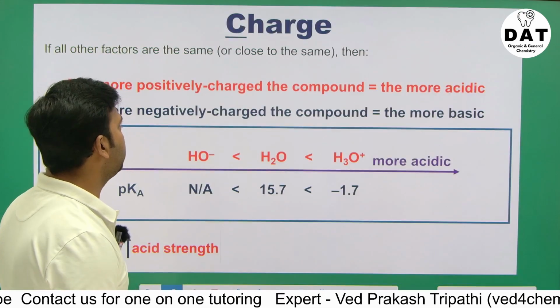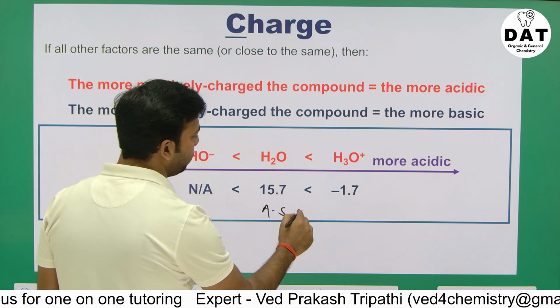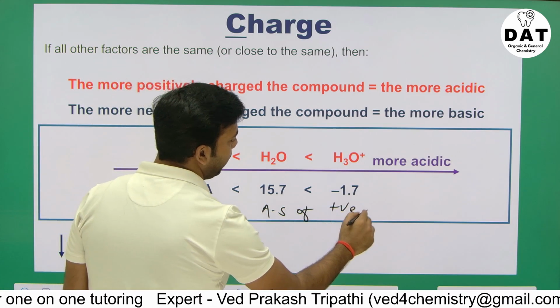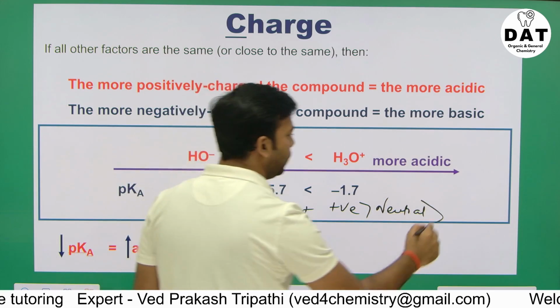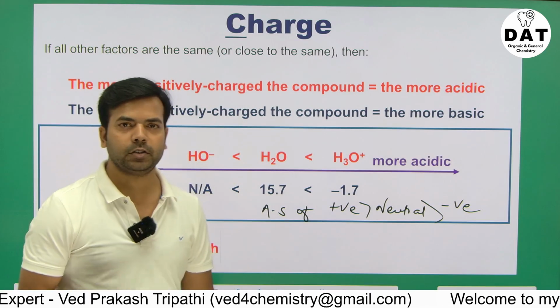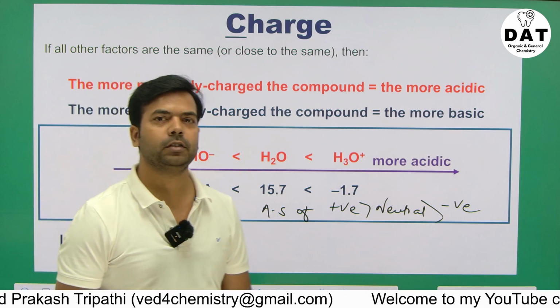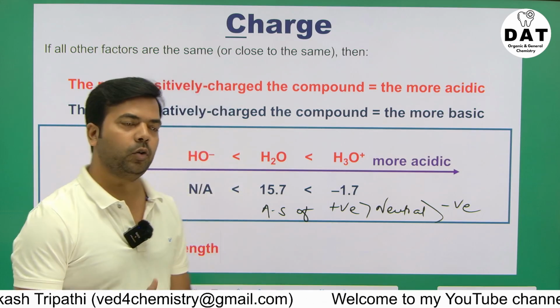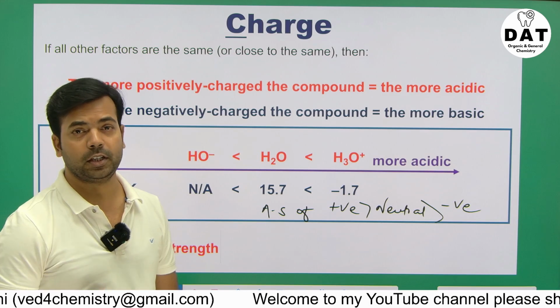The very first one is charge. So quite a simple thing, acidic strength of positive charge is higher than the neutral and then negative. Clear? This is why this relationship, because positive charge is a deficiency of electrons, and we all know deficiency means electronegativity. So if you have an electronegative element, that means it is more acidic.